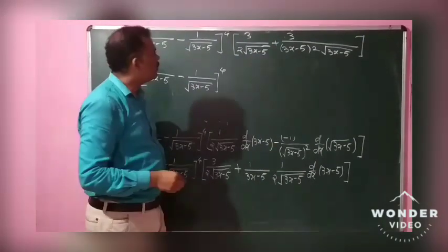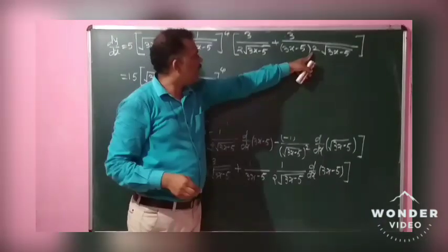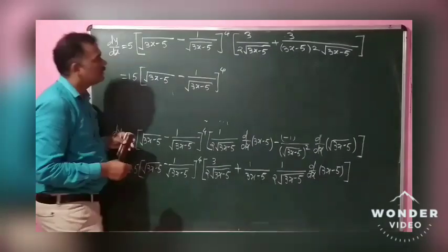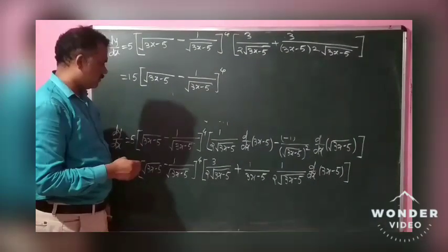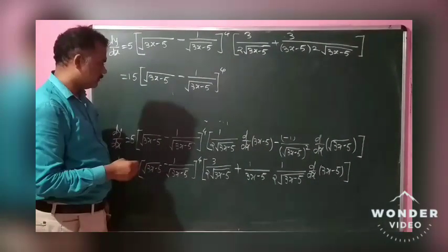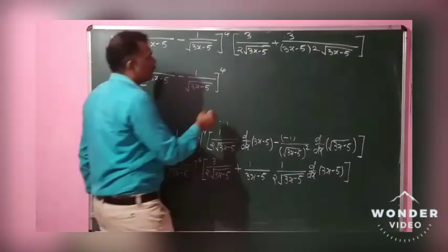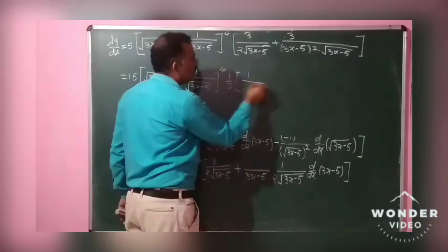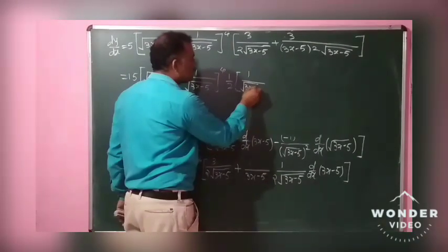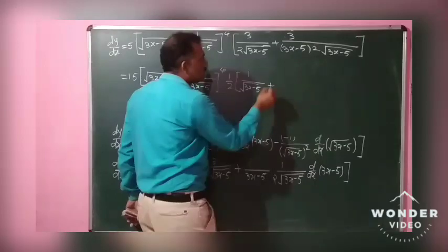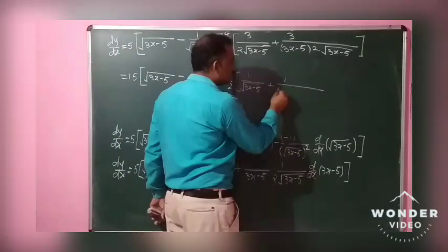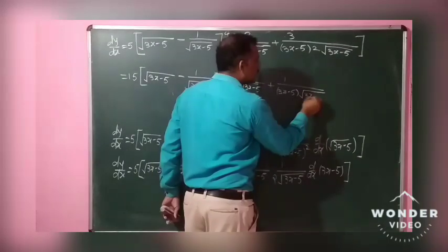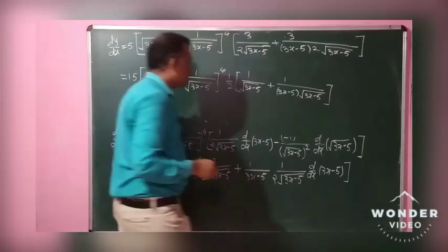Also from the 2 we take the 2 common, so we write in the beginning 1 upon 2 into bracket 1 upon square root of 3x minus 5 plus 3x minus 5 into root of 3x minus 5. This bracket we close here.